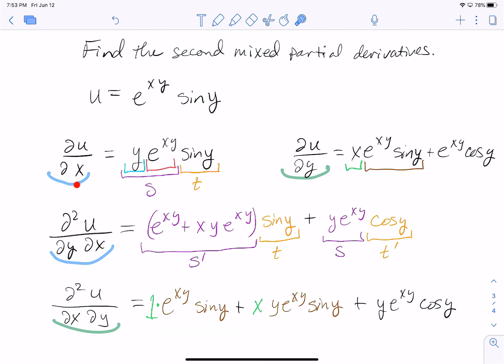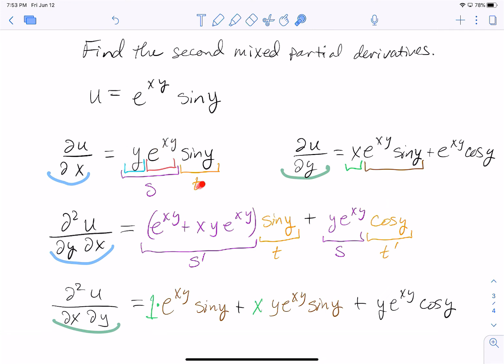The partial of u with respect to x is a product of actually three functions of y. So I'm calling y e to the xy the function s, and then the sine of y is t, but then s has two factors of y inside of it. So for s, we're looking at a product rule, so u prime v plus uv prime.